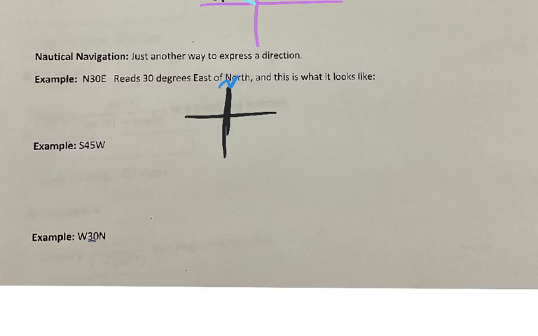I'm having to go east of north. East is to the right, which means I'm going to go here. If I went 30 degrees east of north, this was north, here. So I had to rotate 30 degrees east of north.